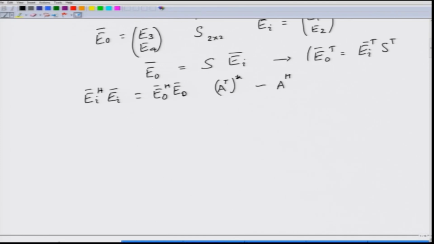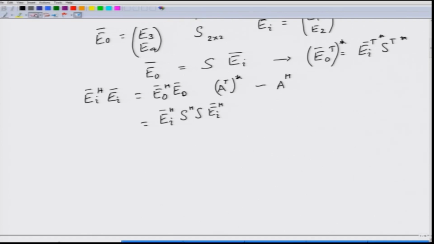And then taking the complex conjugate would give you the complex conjugate on both sides. This transpose complex conjugate is what I am calling Hermitian. So, I will essentially get E0 Hermitian E0 as EI Hermitian S Hermitian S EI.